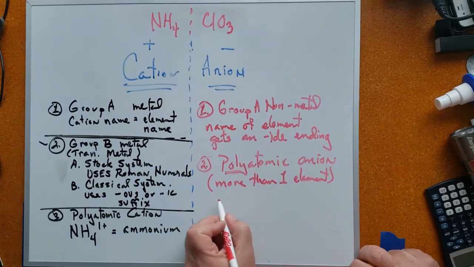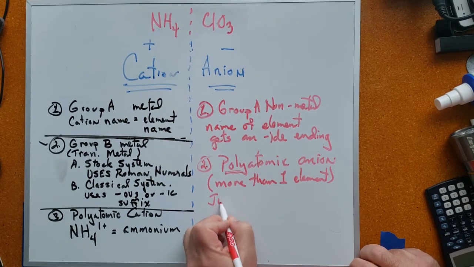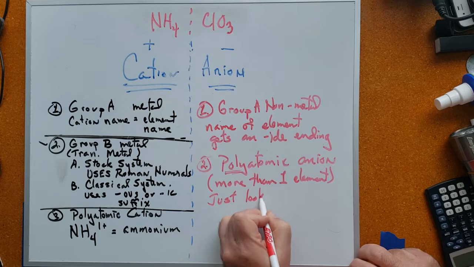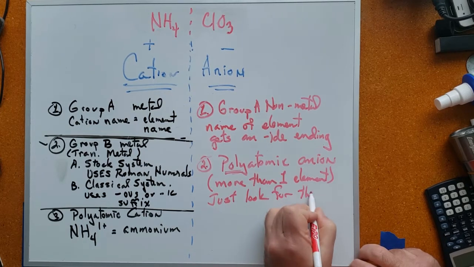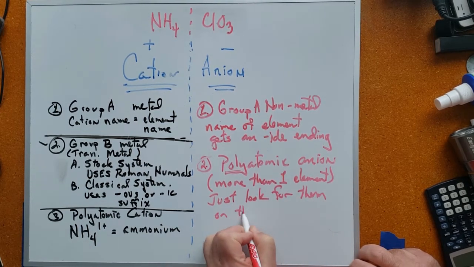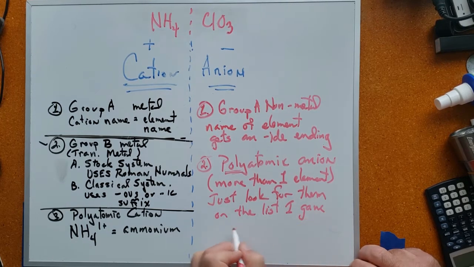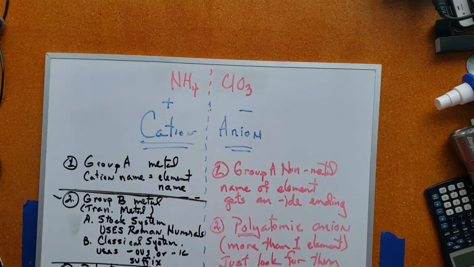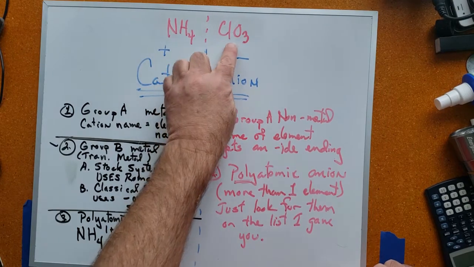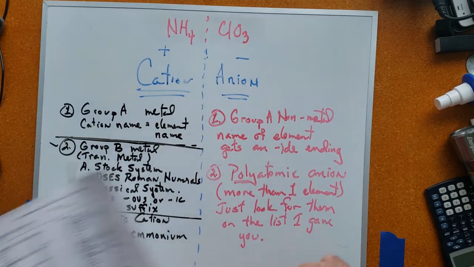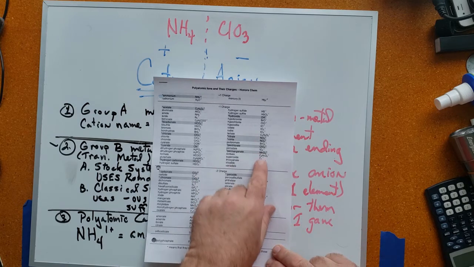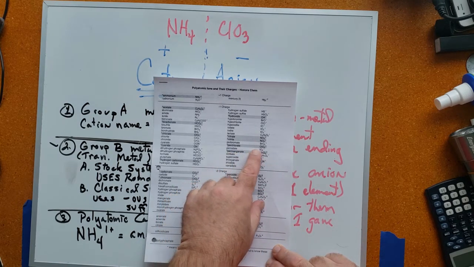And what do we do for polyatomics? You just look for them on the list I gave you. Okay. So, in this case, if you look up the ClO3 ion, where is it?